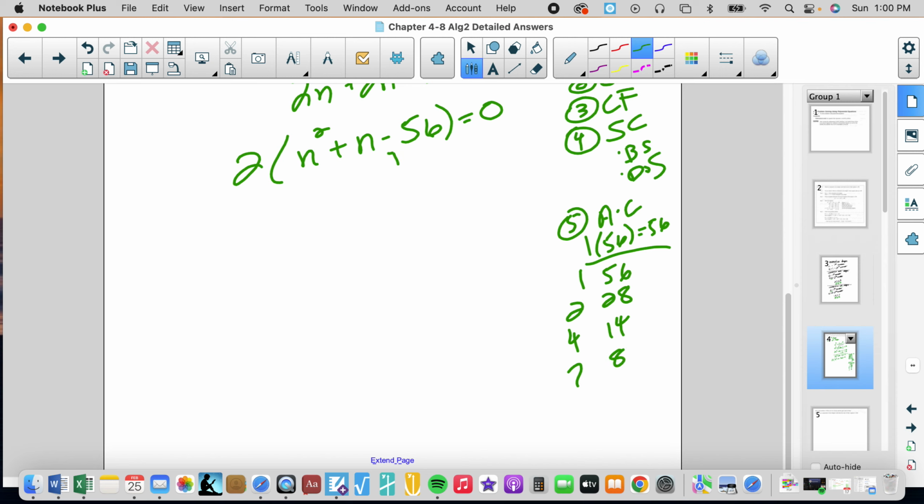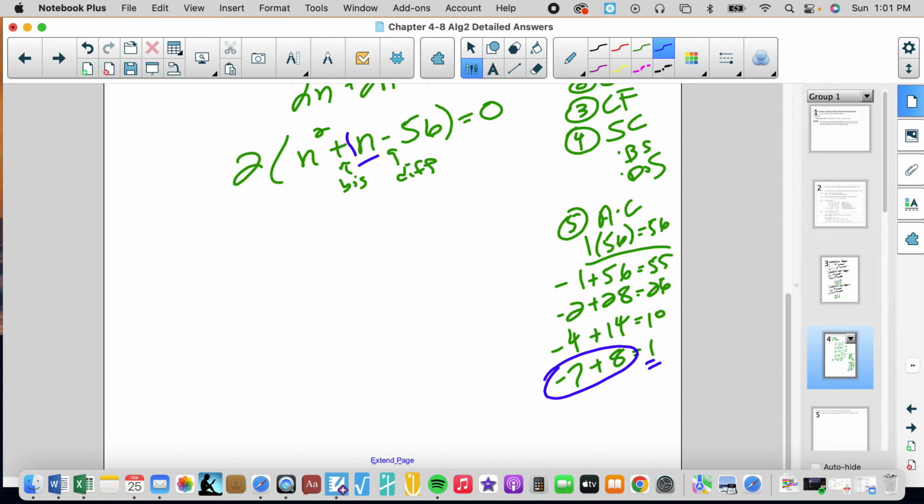Now our signs are different, and our bigger is going to be positive. So positives will be all on the right side, negatives will be on the left side. Which one's equal to my middle? My middle has a coefficient of 1. That's my middle, so I'm going to take those two terms.